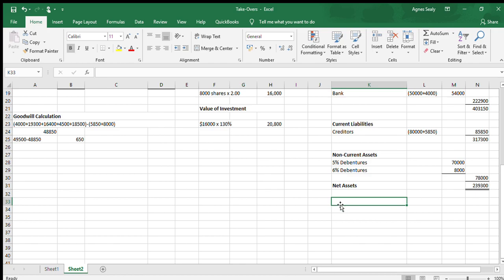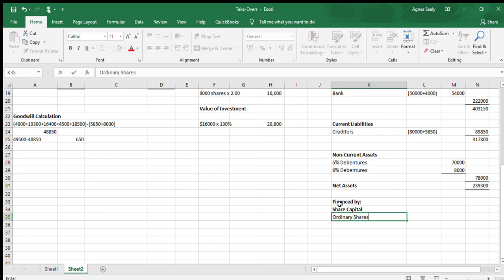So then this is financed by our share capital, and our share capital is our ordinary shares. Our ordinary shares would be the $110,000 in shares from Ensure, $16,000 that were in Wall, plus $16,000 in Frank, plus $45,000 for Wall.